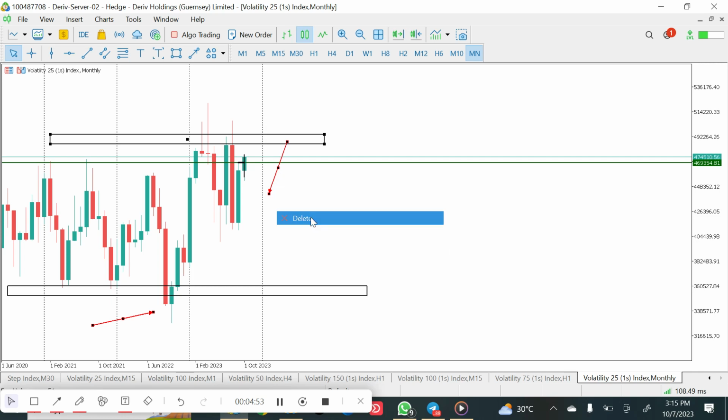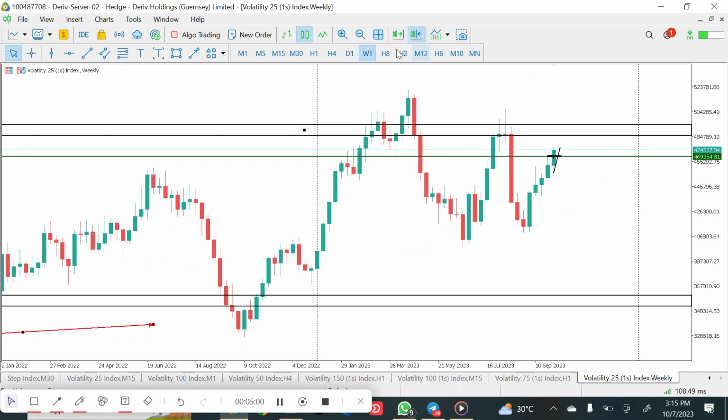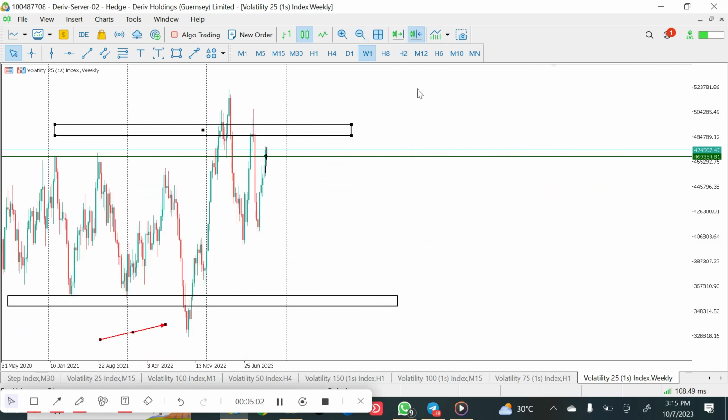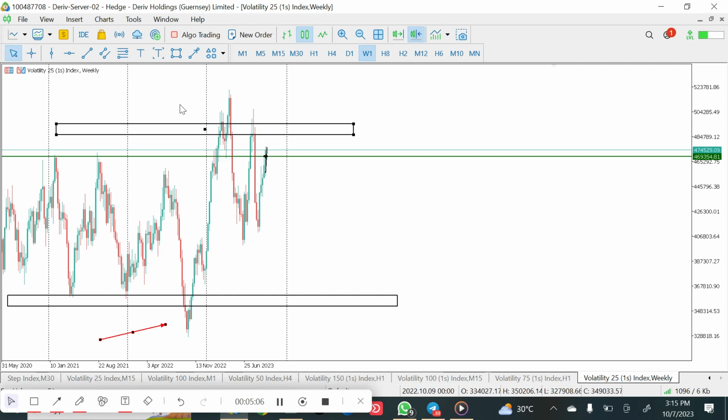So let's scale down to the weekly time frame. On the weekly time frame, we can see that this was the level that was identified on the monthly time frame, okay, as resistance.